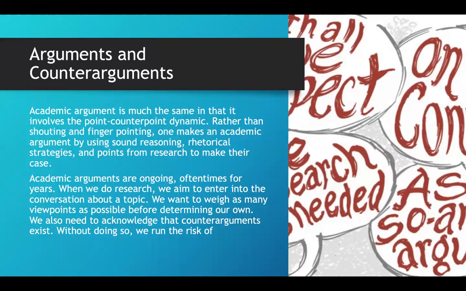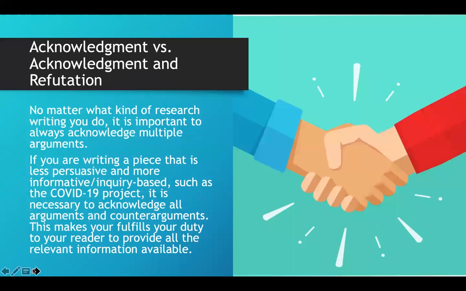If an argument is one that you do not agree with, it is now your counter argument, and it's your responsibility to acknowledge the counter arguments of all the issues that you touch upon in your writing. And if you're writing persuasively, to refute them, meaning to try to prove them wrong or weak in some way. All right. So let's talk a little bit about acknowledgement versus acknowledgement and refutation.